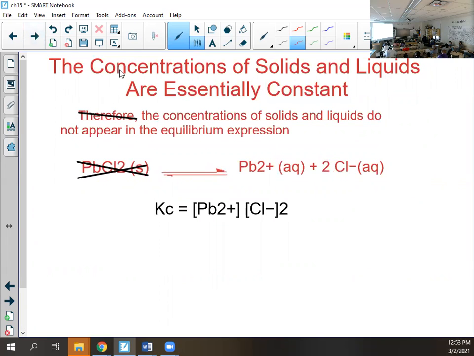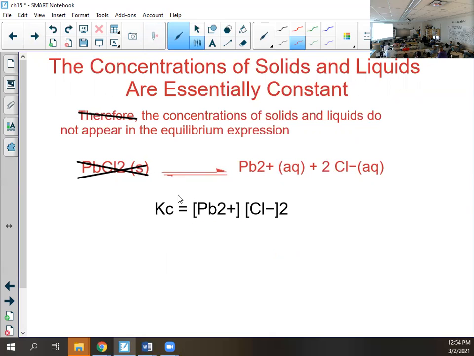Therefore, the concentrations of solids and liquids do not appear in the equilibrium expression. So if we had lead 2 chloride breaking apart to lead plus 2 chloride ions, we would say that the Kc is equal to Pb times Cl squared. And typically we'd say over PbCl2, but since it's a solid, it doesn't have a concentration, so it goes away.